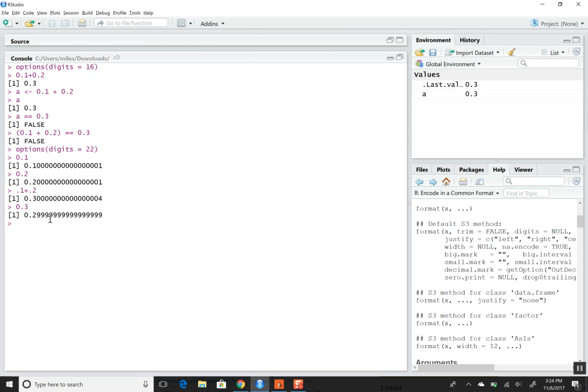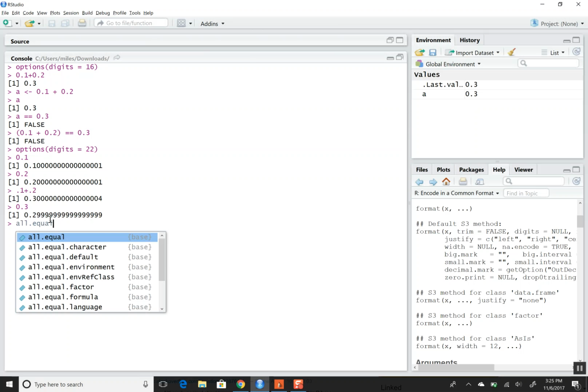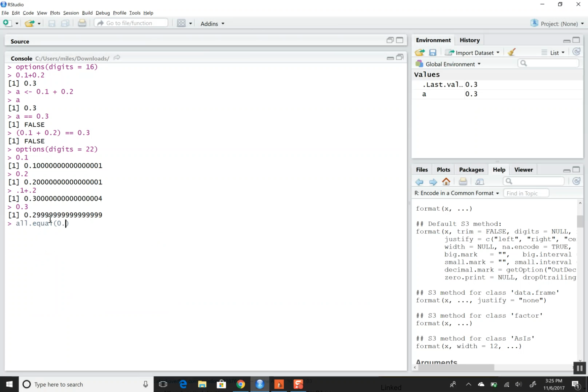One workaround is using all.equal. all.equal understands that the computer is not super precise, and you can ask, is 0.1 plus 0.2 equal to 0.3? And it will say true.